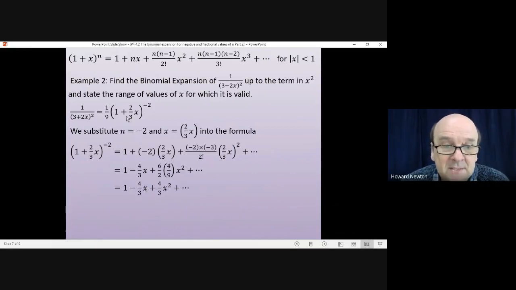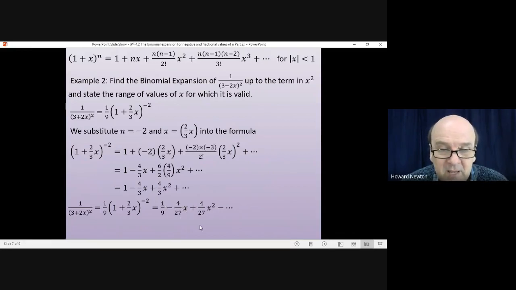So that's this bit here, the 1 plus 2/3 x to the minus 2. We do just need to remember that we need to times that by 1/9. So 1/9 times this will give us 1 over 9 minus 4 over 27 x plus 4 over 27 x squared plus higher order terms.